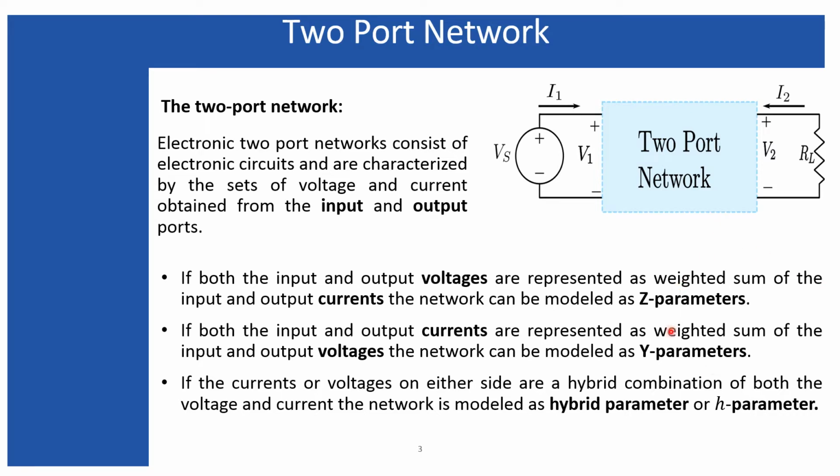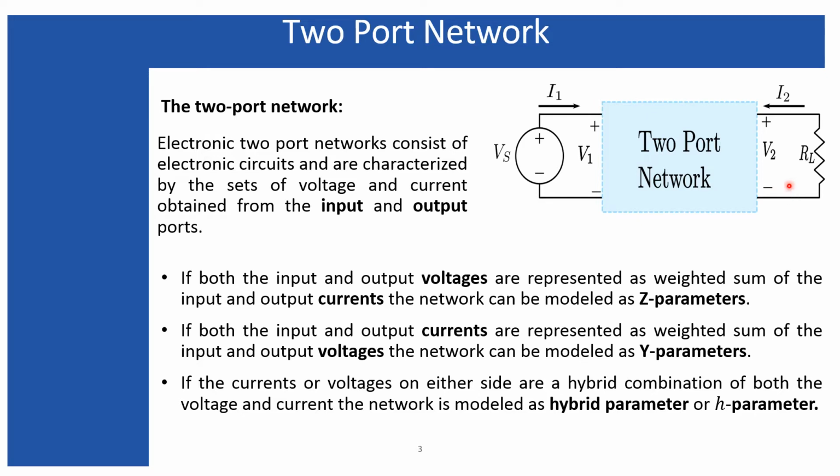But these two relations are much simpler. In the hybrid case, the input voltage and output current are not direct functions of only the input current and output voltage respectively, rather it's a mix of both the input and output factors. That means the input voltage is a function of the input current as well as the output voltage.